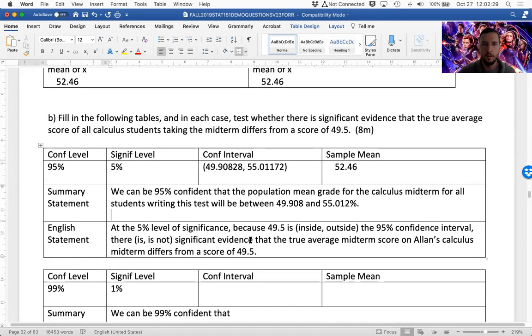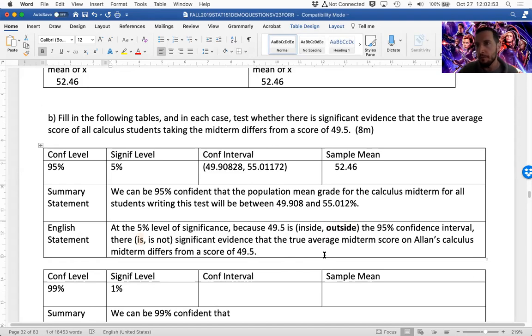So at the 5% significance level, because 49.5 is outside the interval, there is evidence that the true score is different from 49.5. Same idea as before. The interval is telling us that the average score on the test is somewhere between 49.9 and 55.